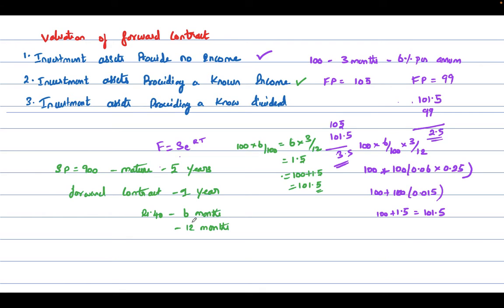And the 6 month and 1 year risk free interest rates are 9% and 10% respectively. This is for 6 months, and this is for 1 year.